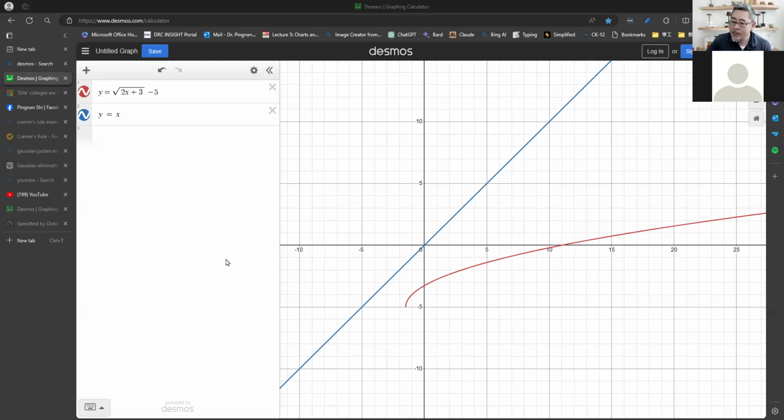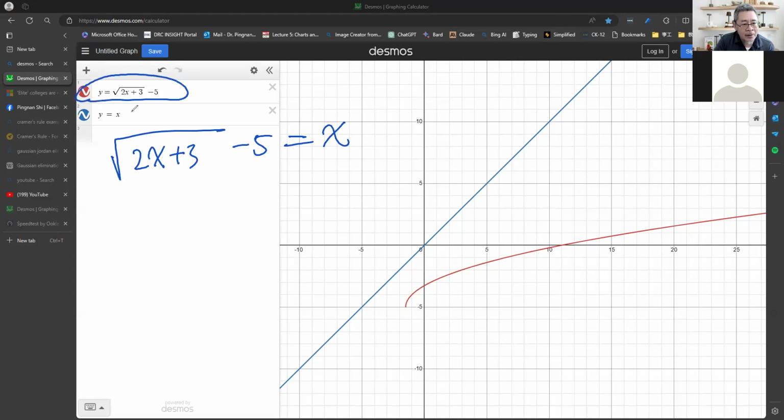Now, can you see it? Yep. So we're trying to solve square root of 2x plus 3 minus 5 equal to x, which is basically two functions.